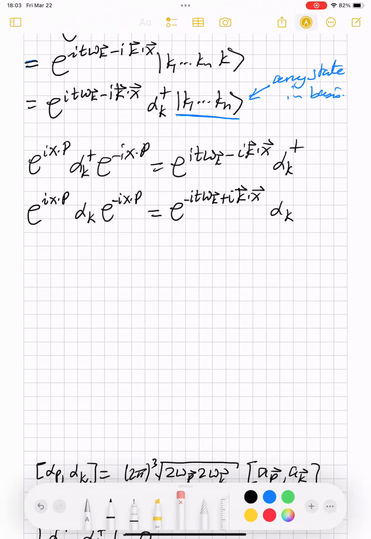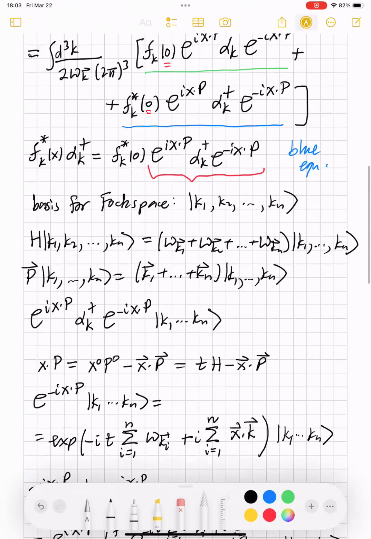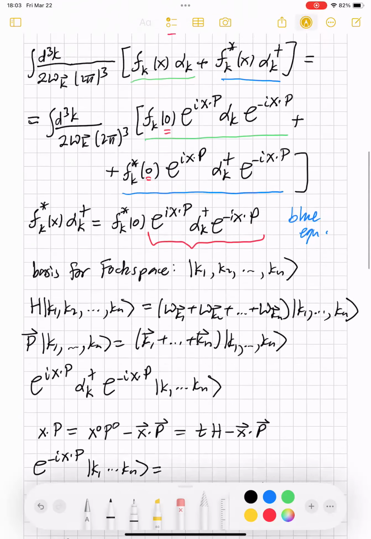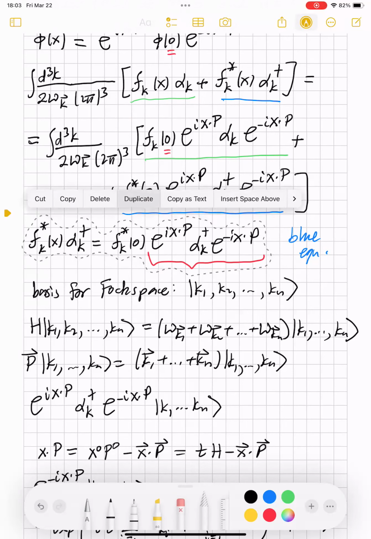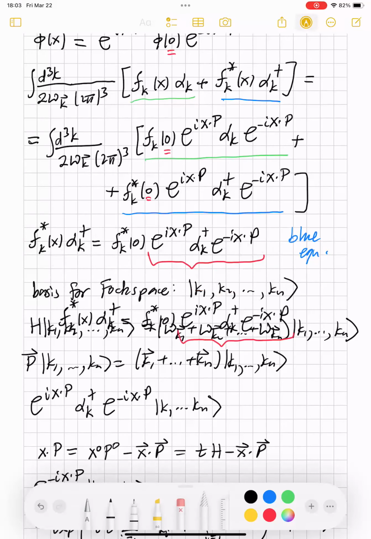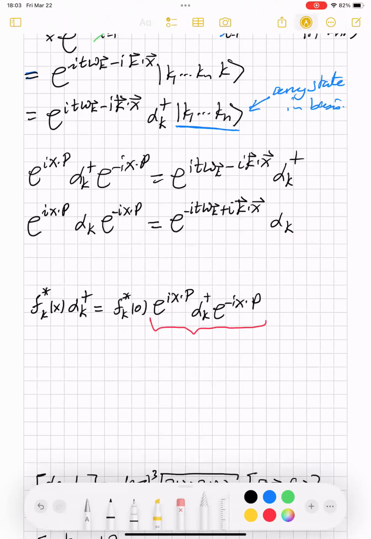Good. Now, let's come back to this equation. Where was it? This was the equation that we wanted to solve. So let me just grab this. Good. Let's duplicate that, and now let's take it downstairs. Let's see what this tells us.